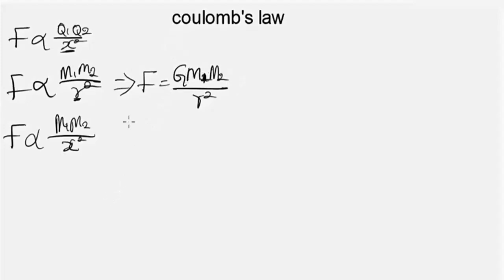So with this, let's also recall that we can actually write this to be F equals G m1 m2 over x squared.